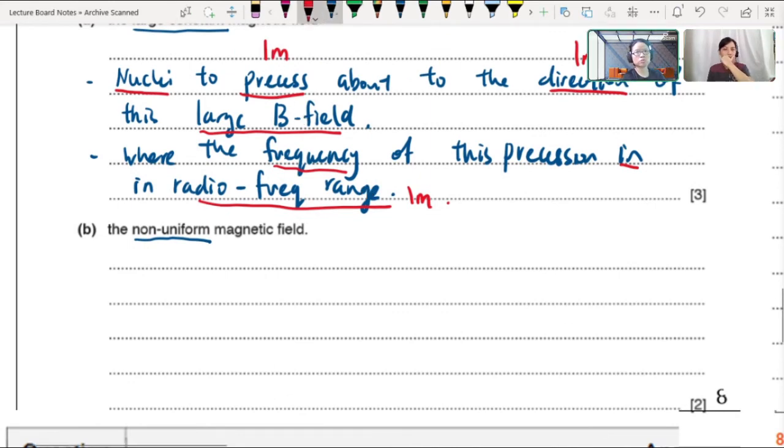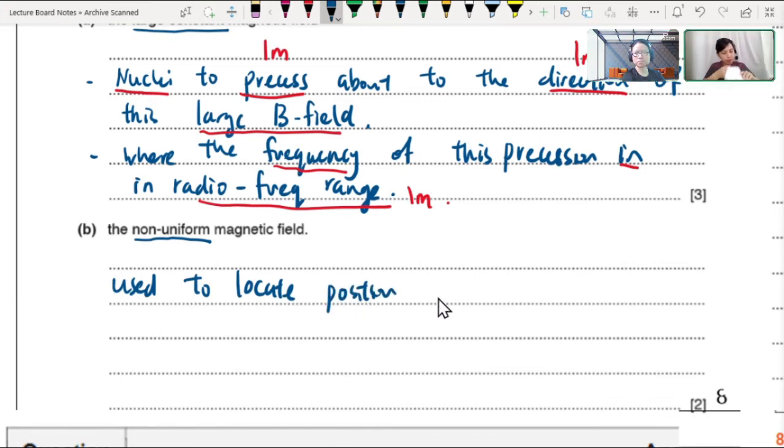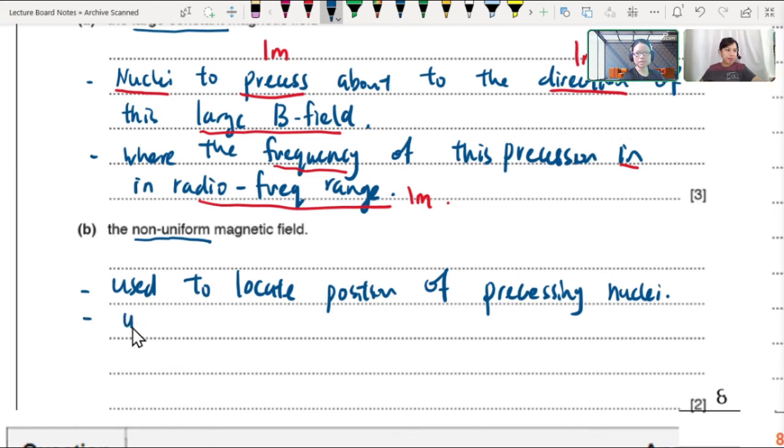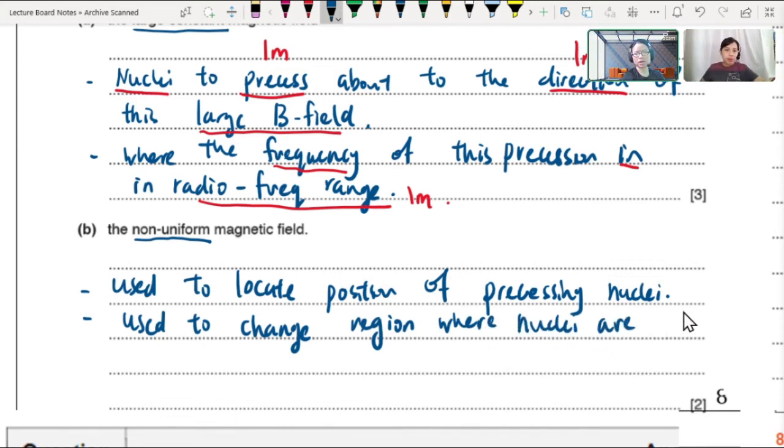So you could say that this is used to locate or find the position of the precessing or spinning nuclei. Okay, this one is used to change, you want to scan different parts of your brain or different parts of the organ that you're looking at, change the region where the nuclei are being detected.